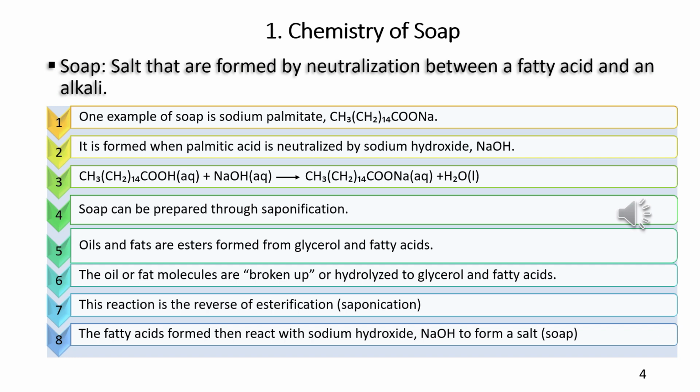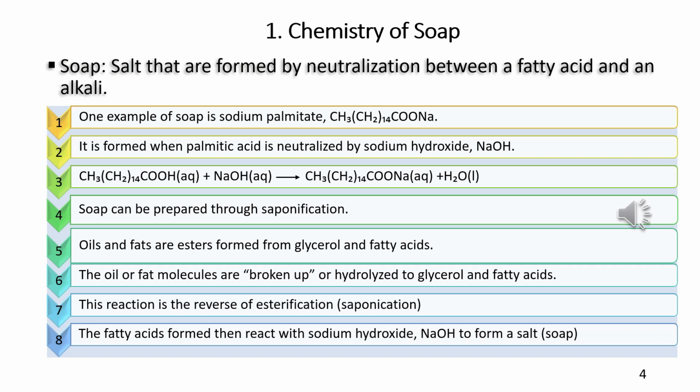So the example of soap is sodium palmitate, and it is found when sodium hydroxide reacts with palmitic acid. The reaction between palmitic acid and sodium hydroxide takes place by the process of neutralization, and sodium palmitate is formed.